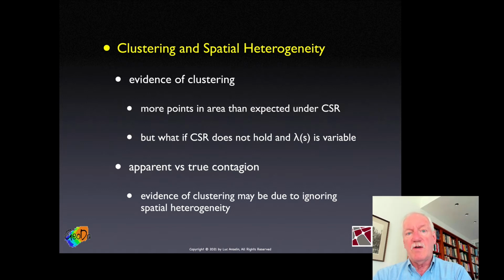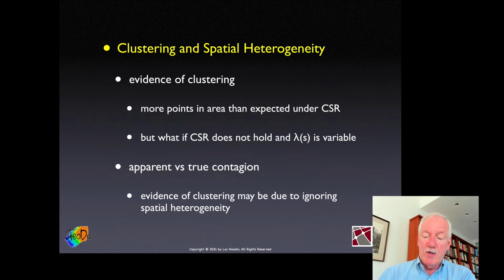We observe a pattern. We observe a pattern of a cluster. That cluster could be due to contagion, which is typically the interpretation, but not always the correct one. But it also could be due to heterogeneity, so a different intensity at that location. So evidence of clustering or clusters may be due to ignoring spatial heterogeneity.